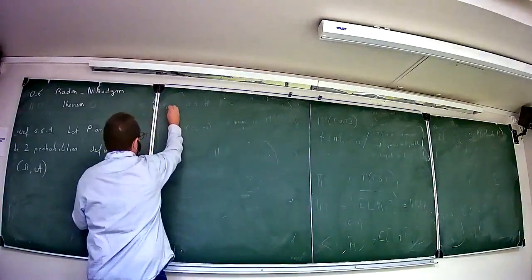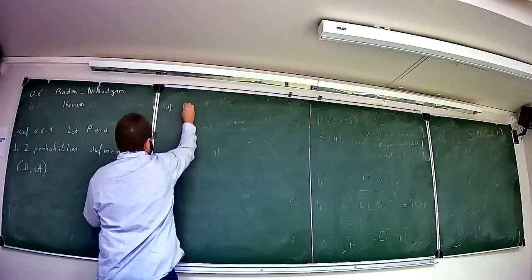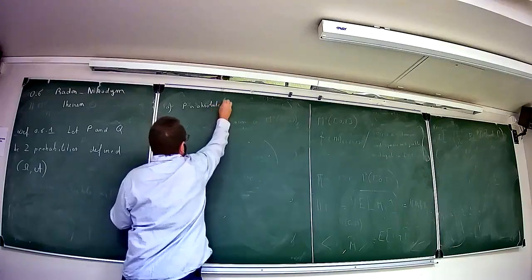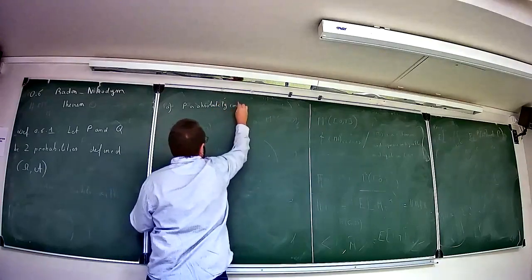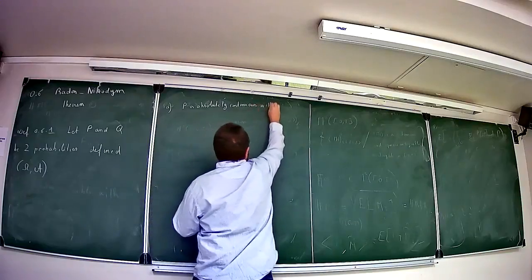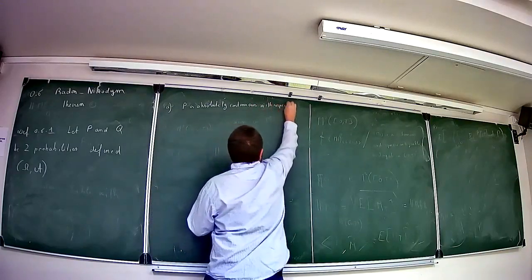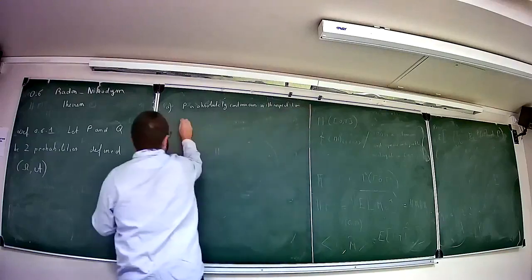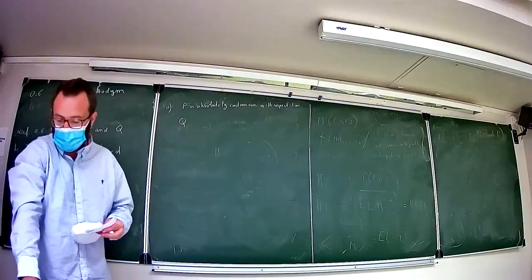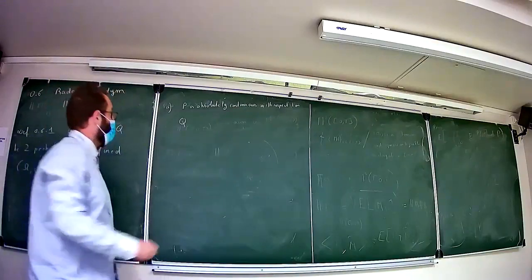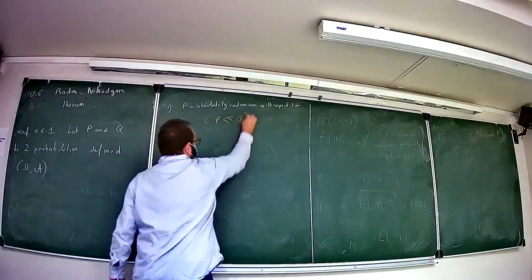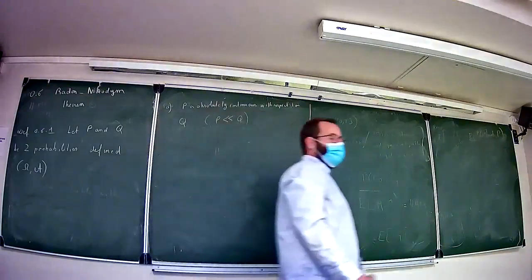So we say that P is absolutely continuous with respect to Q. The way to write it is this one, P ≪ Q, with this symbol, okay? Double less.